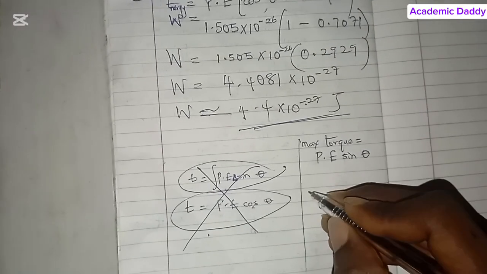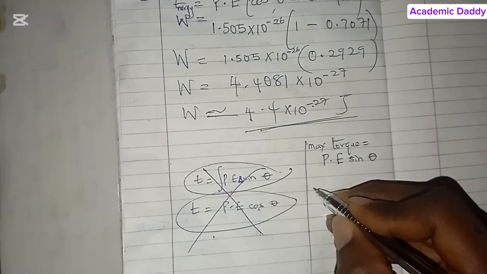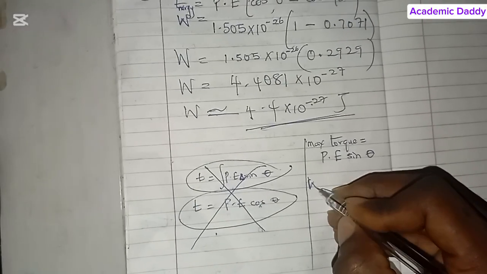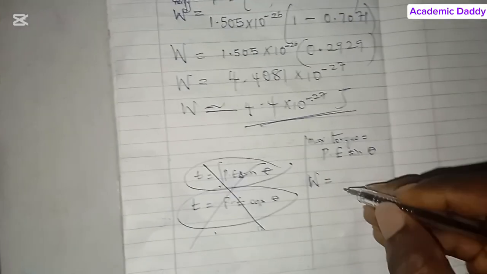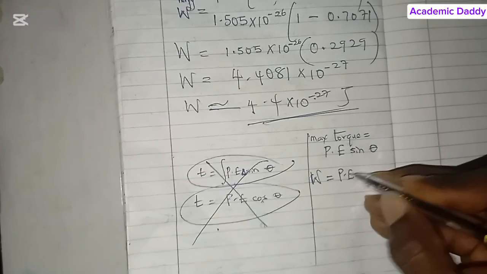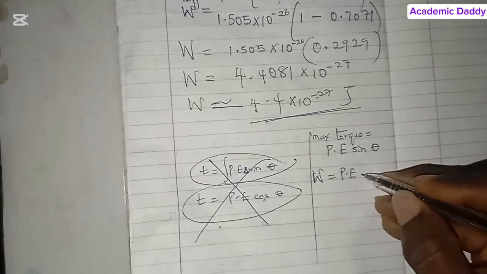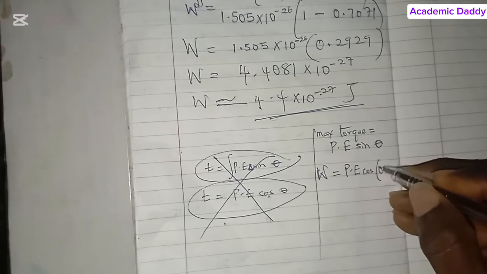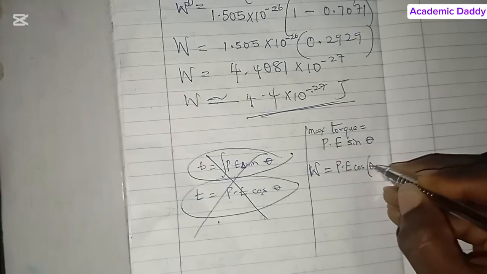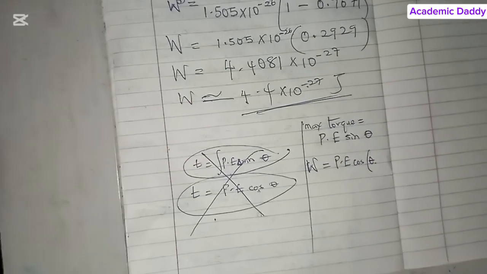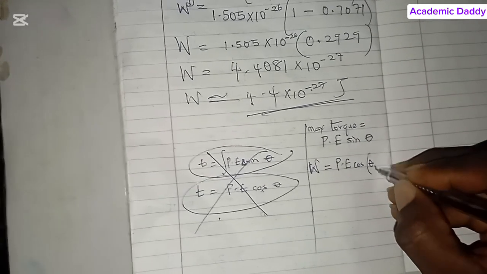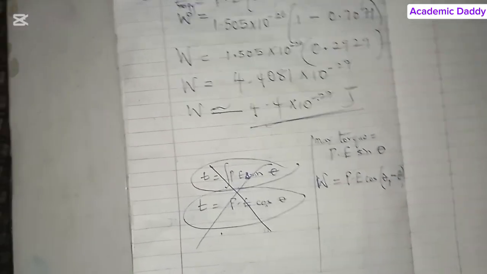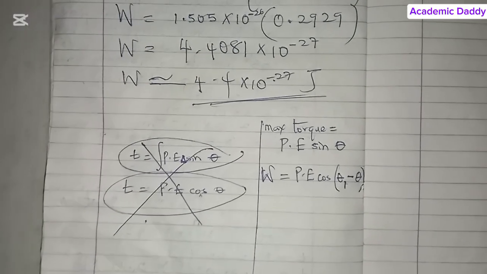Then at equilibrium, or when they tell you to find energy, that is work done, it will be equal to dipole moment times electric field times cos of initial angle minus final angle. So you need to take note of these two.